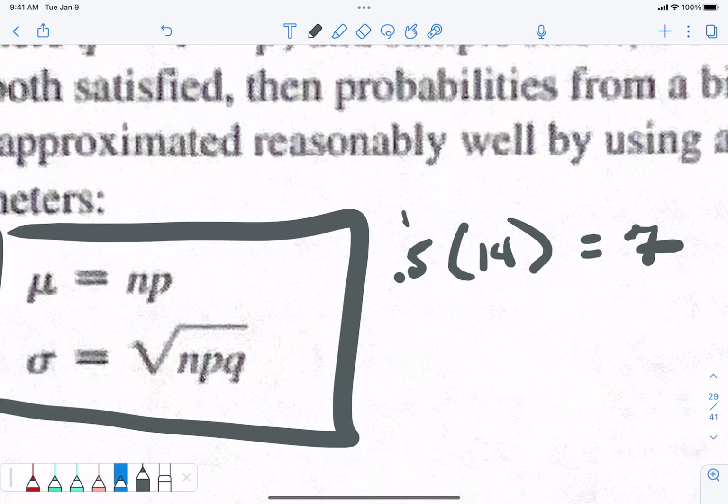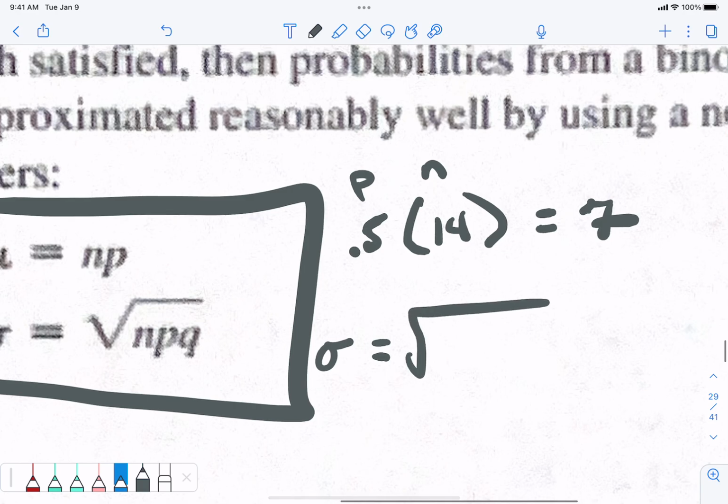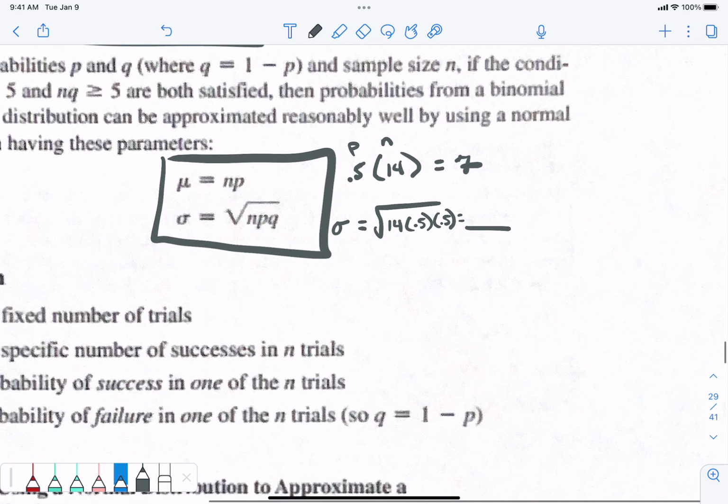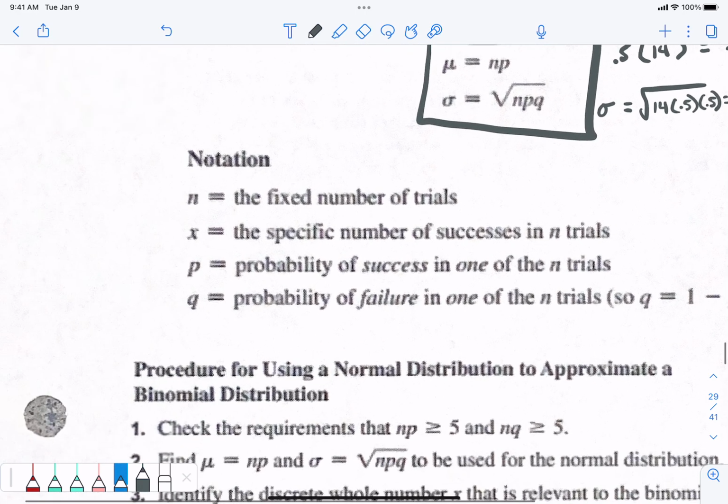This would be my p and this would be my n. Then the standard deviation would be the square root of npq. So if n is 14 and p is 0.5, q is 0.5, we would find the standard deviation that way. That's how we find that information if they don't already give it to us.